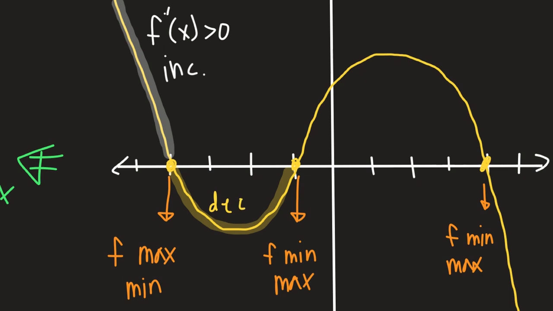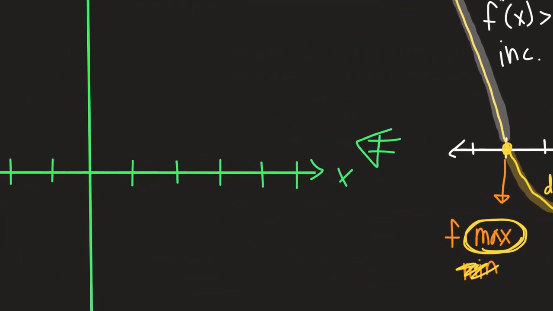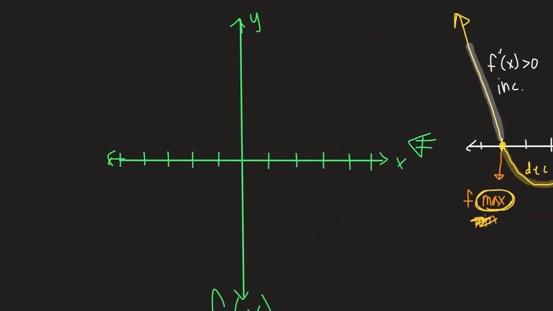So if our f graph goes from increasing to decreasing, does our point become a maximum or a minimum? That's going to be a maximum value. So on our f graph, we're going to have a maximum point at -4. Somewhere along -4, I don't know where, remember, I cannot decide the y value, but I'm going to have a maximum point where x is -4.